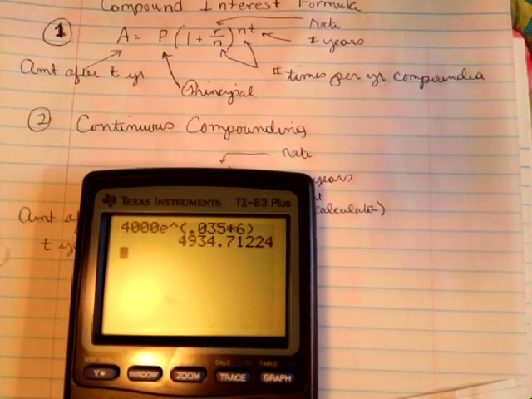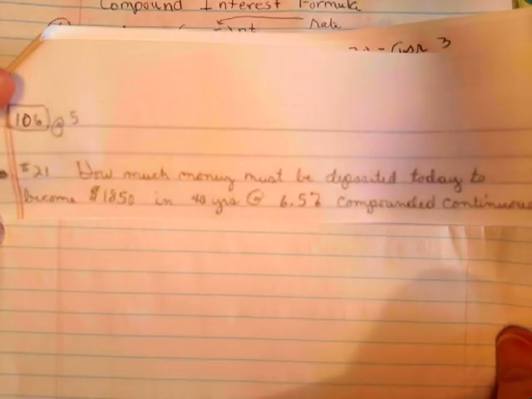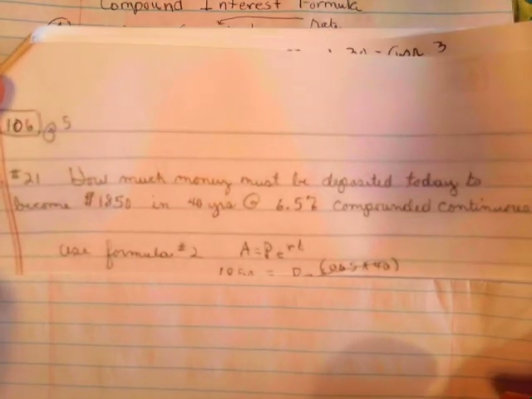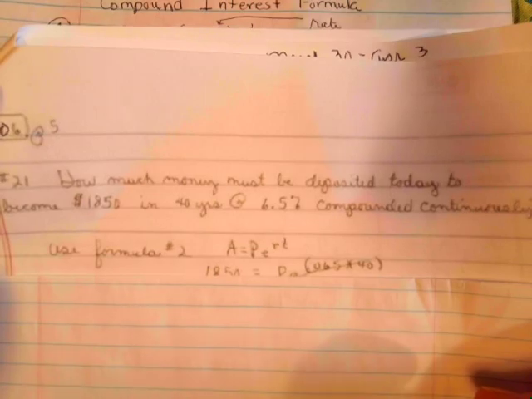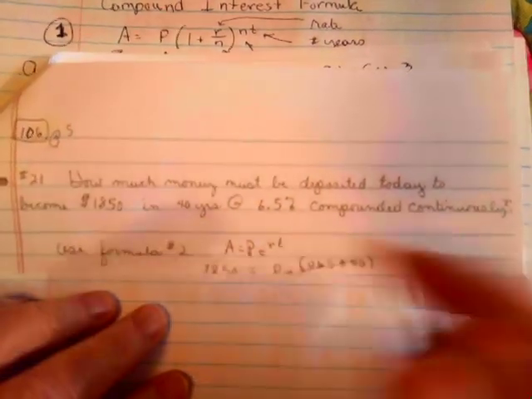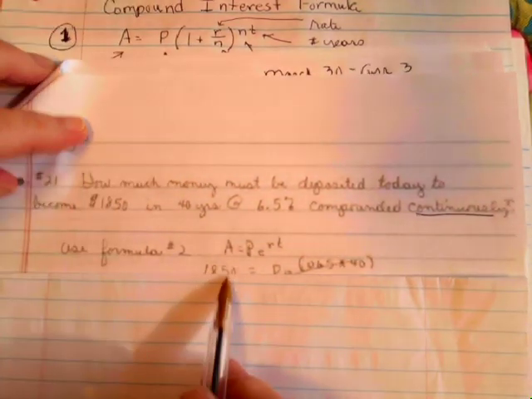Number 21. How much money must be deposited today to become $1,850 in 40 years at 6.5% compounded continuously? We know we're going to use this because we see that word continuously. Substitute your values in there.